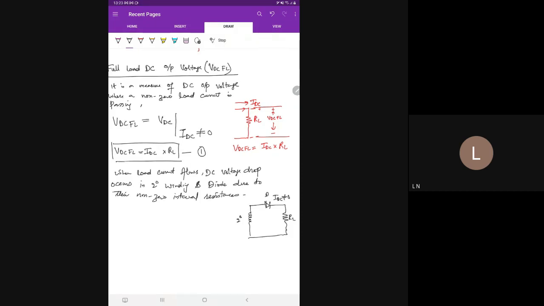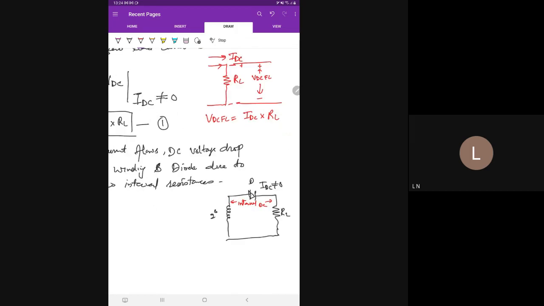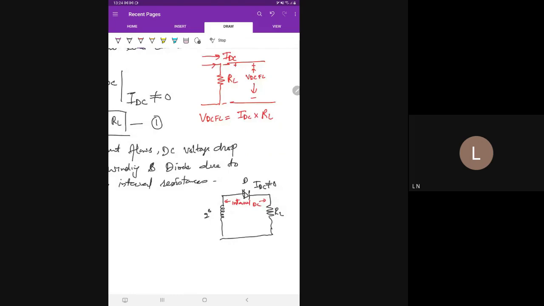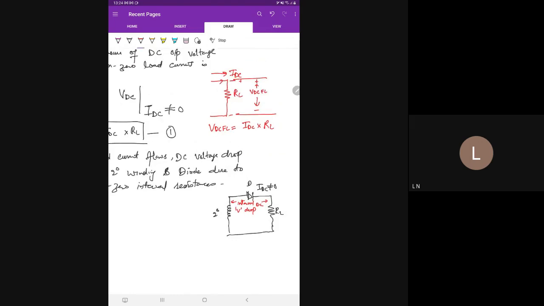Let us call that the internal DC voltage drop.